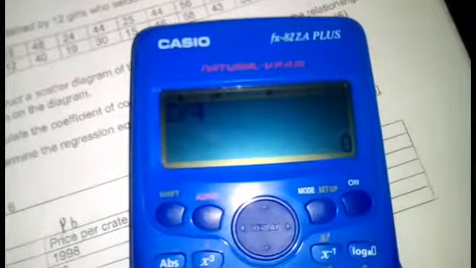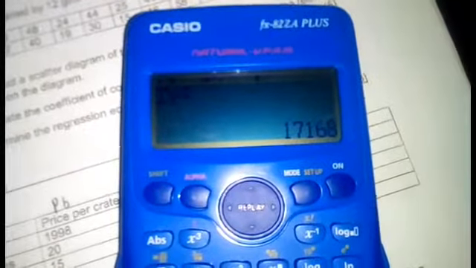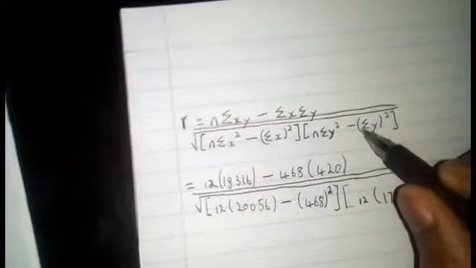Select option number 3. 17,168 minus the sum of y all squared. We already have the sum of y. So it's 420 all squared.